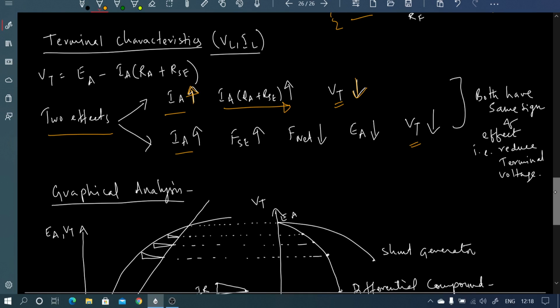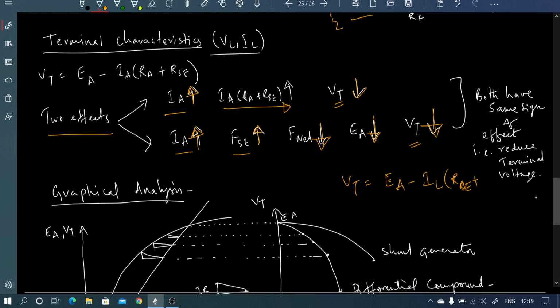And the other one, due to the series field winding: with the increase in current, the series field MMF increases, but it is actually opposite in nature to the main shunt field, so the net field will now reduce, and this net field MMF reduces the induced EMF, which in turn reduces the terminal voltage, because VT is equal to EA minus IL into RSC plus RA for long shunt.